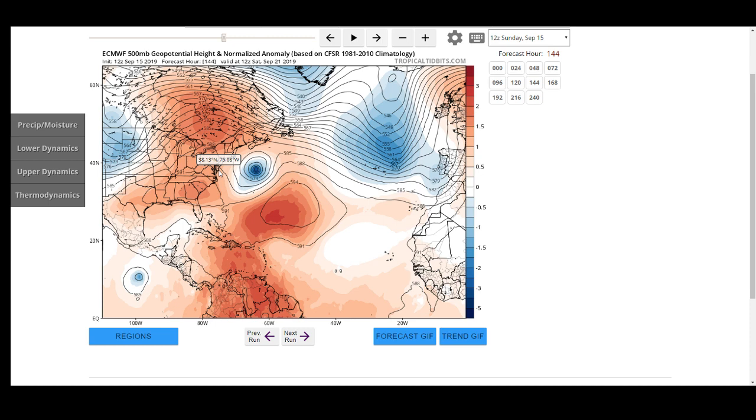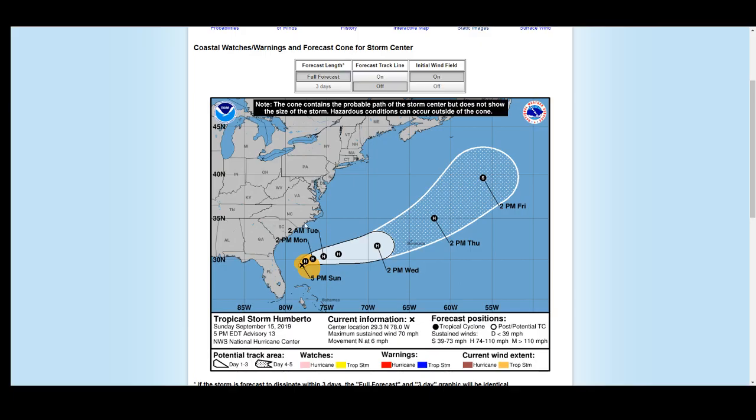If you have Humberto a little further to the south, and this high is able to have a little bit more of a grip, then it could potentially push it back towards the west, and we could still be talking about the United States being in the path of the system. But for now, based on the NHC's forecast, this is not very likely. But it all depends on how fast Humberto moves in the next couple of days.